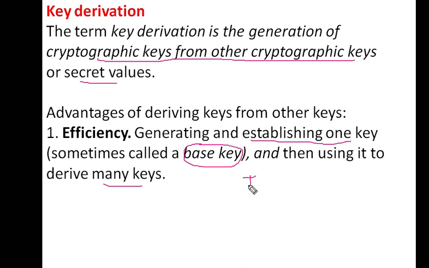I am just giving a general example. The ISP provider will give one IP address, and based on this IP address you can derive multiple IP addresses. In that way, one key can also be used to generate many keys.